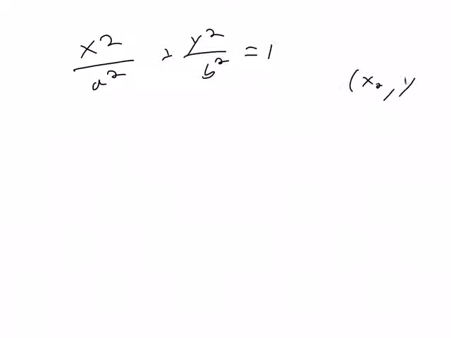Problem 40: show by implicit differentiation that the tangent to the ellipse x squared over a squared plus y squared over b squared equals 1 at point x naught, y naught is x naught x over a squared plus y naught y over b squared is equal to 1.